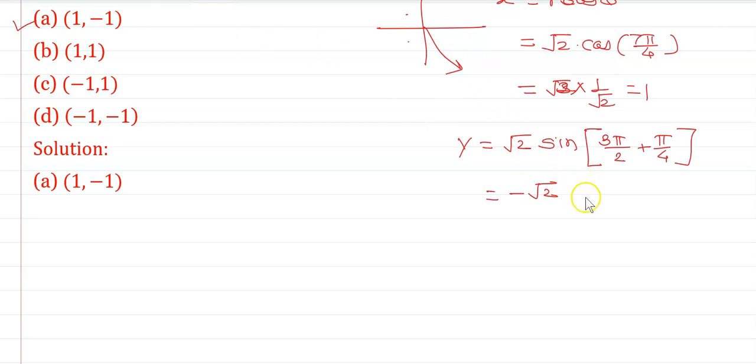Okay. Therefore, what can we write here? Cos of pi by 4, and that is equal to minus root 2 into 1 upon root 2. Therefore, y is equal to minus 1. Therefore, x is 1 and y is equal to minus 1, and hence option A is the correct one.